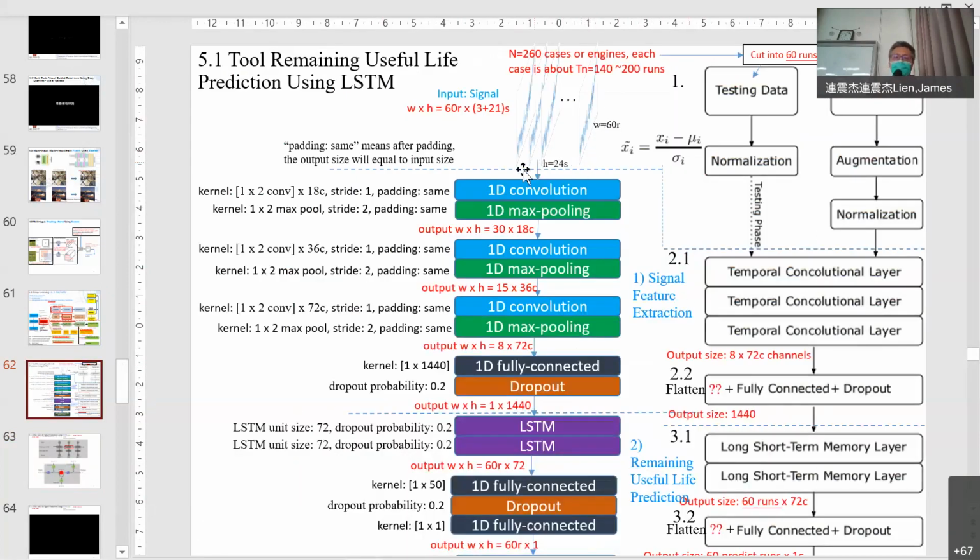Suppose we have a time axis of 60 seconds, 这是60秒. And for each second we have 24 signals, 所以你24个 signal 进来. Signal is 1D, image is 2D, so this is 1D. But we have 24 signals, or one signal is also fine.